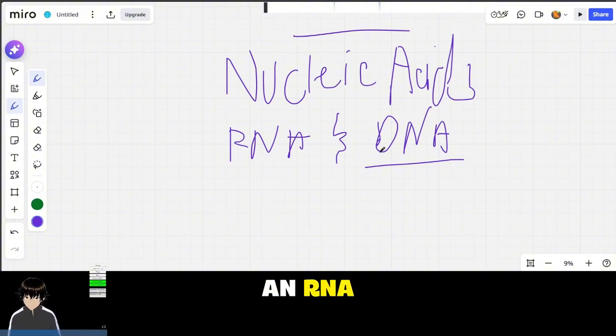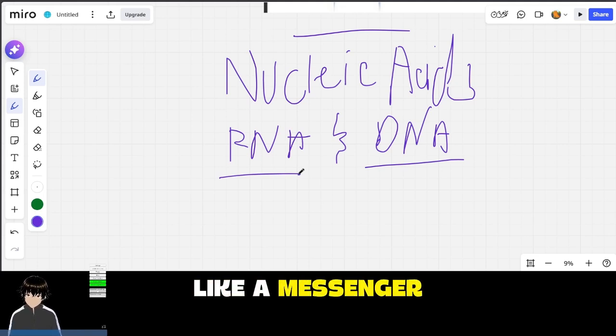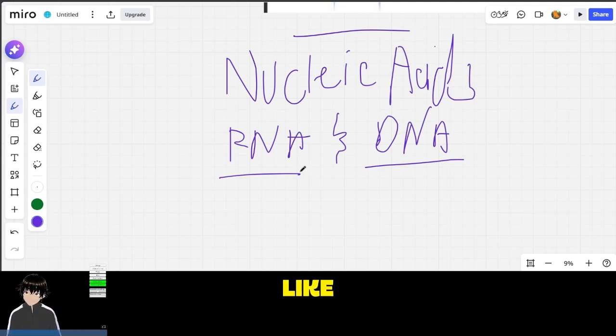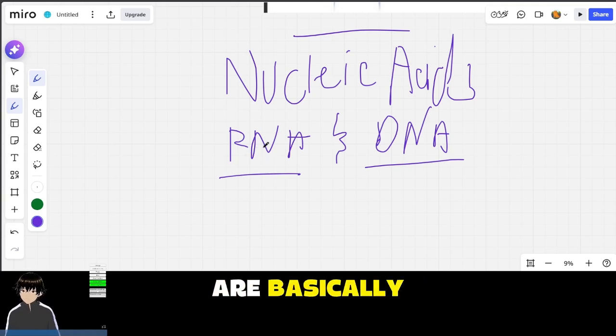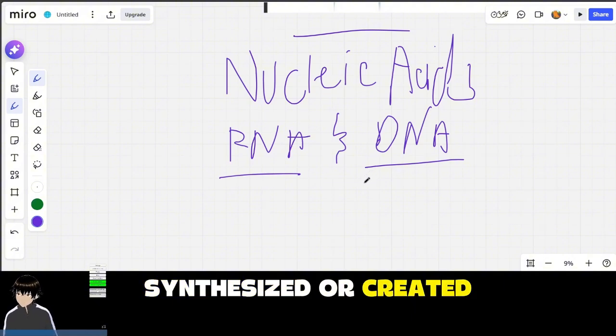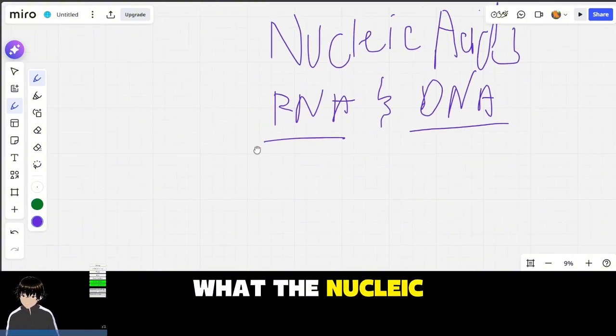And RNA just copies the DNA, or is sort of like a messenger for the cells, and it is where proteins are basically, I believe, synthesized or created. Yes, so that's what nucleic acids are.